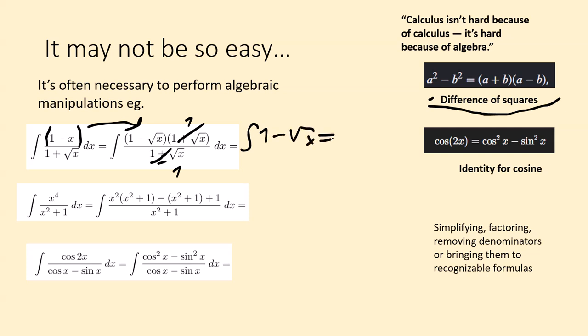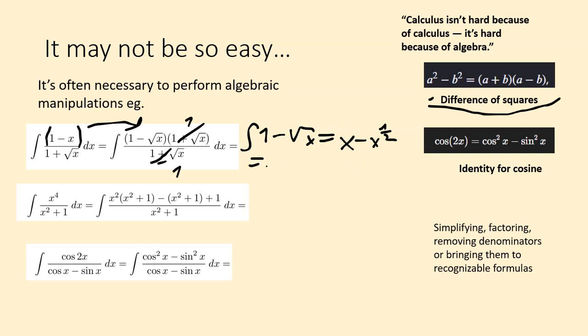The integral of a constant gives x; for example, 2 gives 2x, 3 gives 3x. Then you minus x to the power of a half, because that's how we convert roots to exponents.